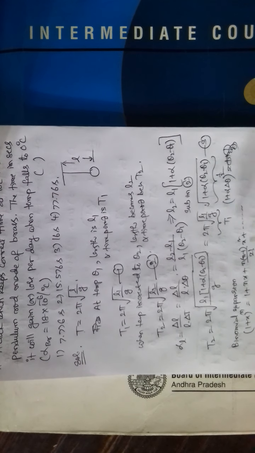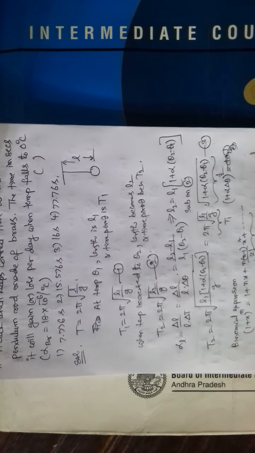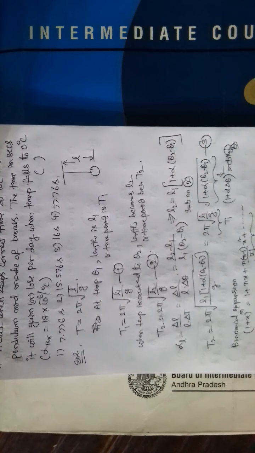Here x square, x cube, in this way we get several terms, a series. But the third term and onward terms are negligible. We take up to the first two terms only.